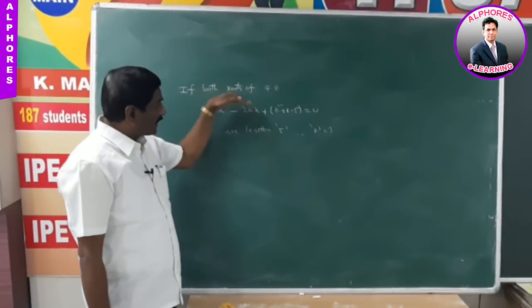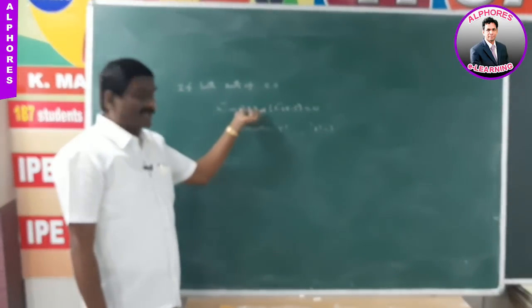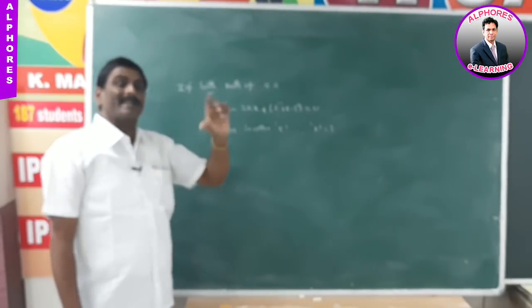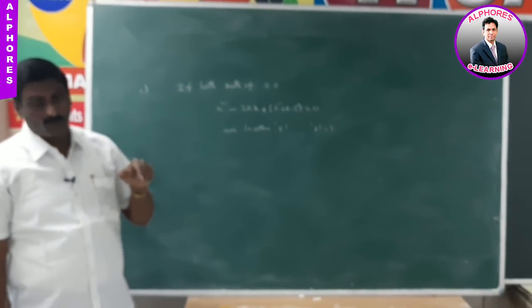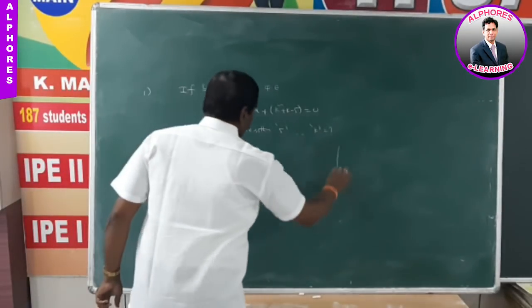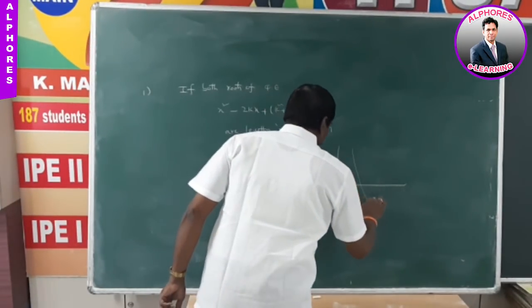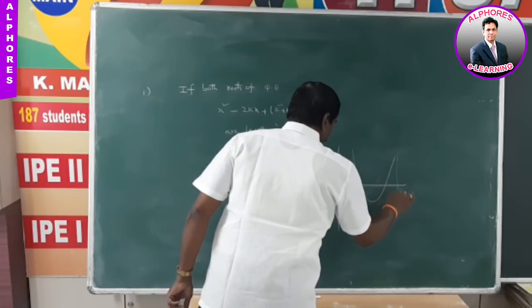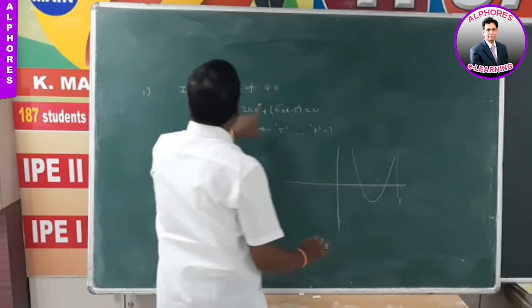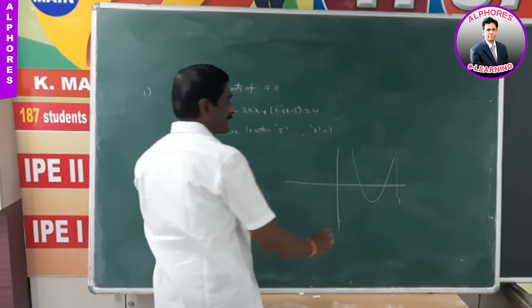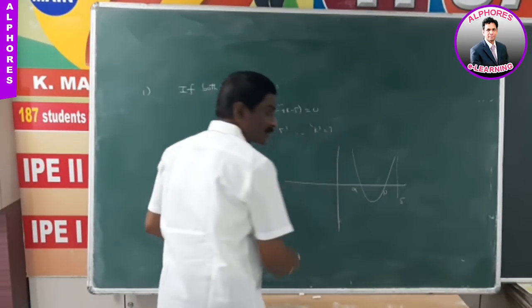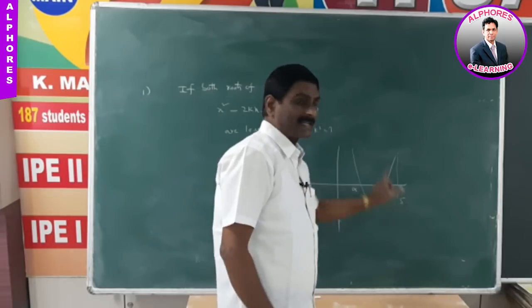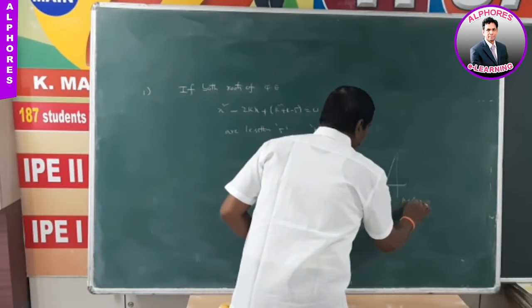That means the roots are real. Already we discussed the location of the roots in the quadratic equation, 6 cases. Suppose alpha comma beta are two roots of this equation. Both roots alpha comma beta are less than 5, that means here k is equal to 5.